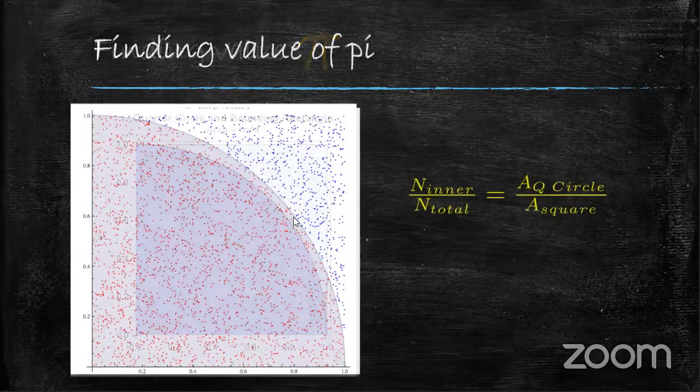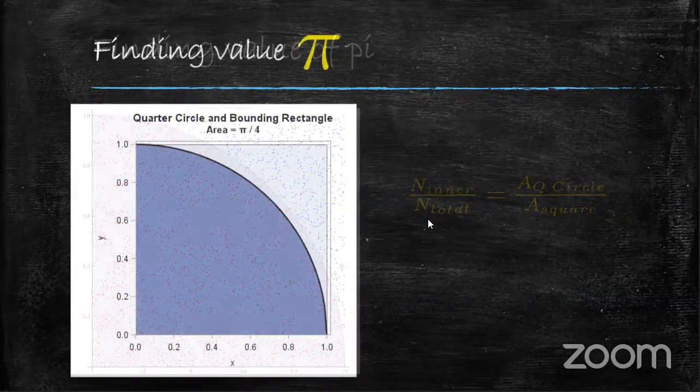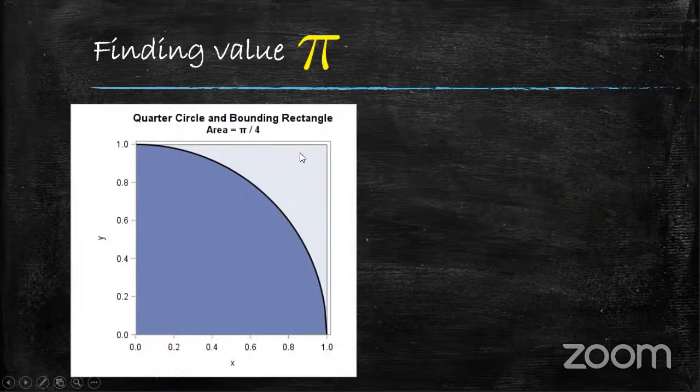If I drop a large number of balls, I'll take the total number of balls dropped in the square, say n total, and in that, some n number of balls get dropped inside the circle. Then the ratio of the number of balls dropped in the circle to the number of balls dropped in the square should give the ratio of the area of the circle to the area of the square.